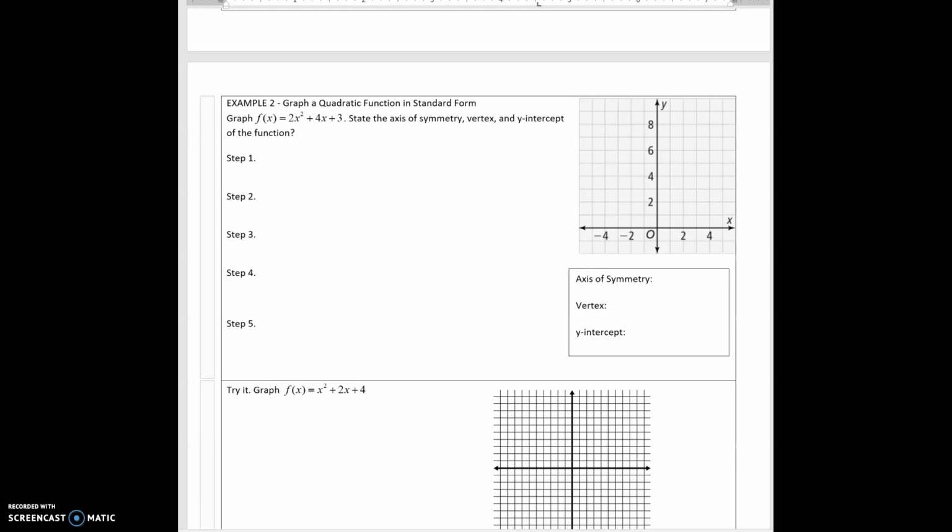So the very first step is you find the axis of symmetry. And you do that by using this little formula where you do x equals negative b over 2a.